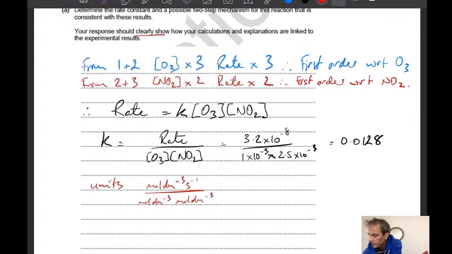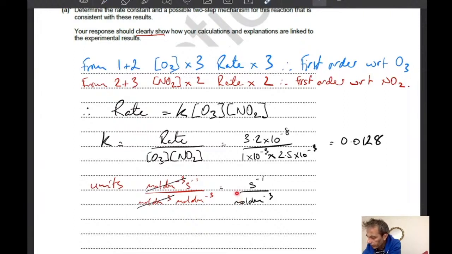I'm literally just putting the units of these things into an expression, and then I'm going to cancel what I can. So I can cancel moles per decimeter cubed on the top with one of the ones on the bottom. What am I left with? I'm left with seconds to the minus 1 on the top, and one lot of moles per decimeter cubed on the bottom.